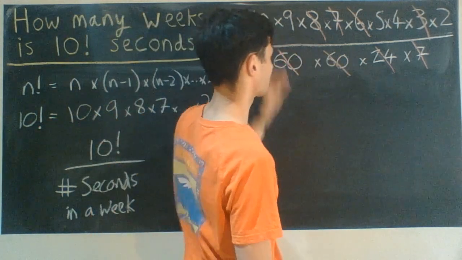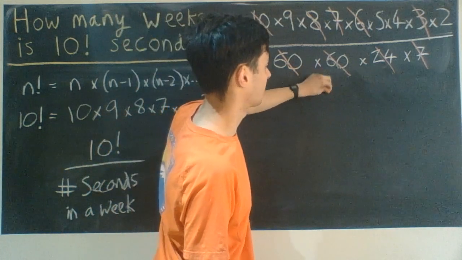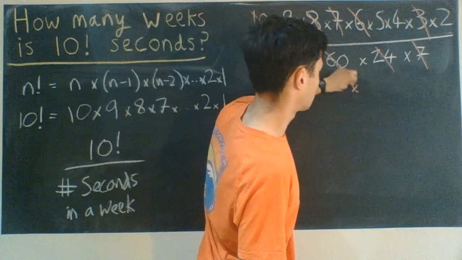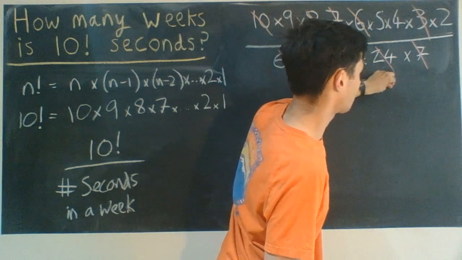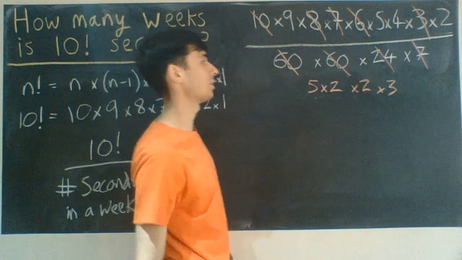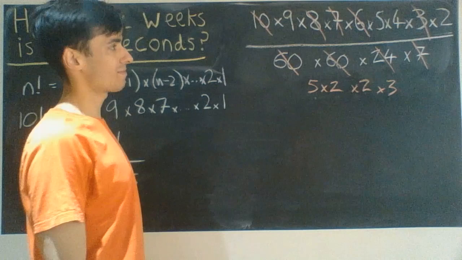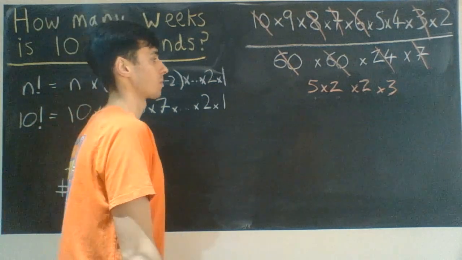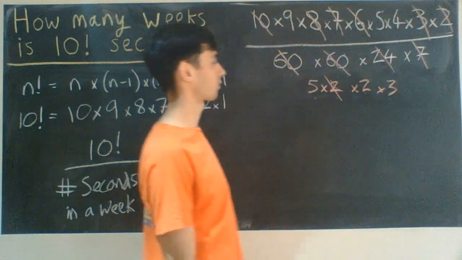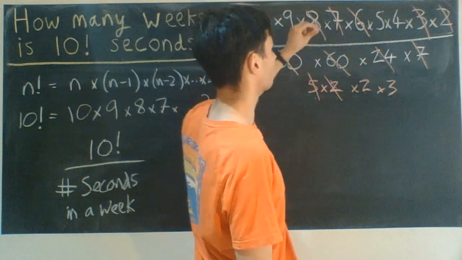So let's get rid of 60, and instead of 60, its prime factors would be 5 times 2 times 2 times 3, which would give us 60. What prime factors can we see that overlap with the top? Well, we've definitely got a 2 and a 2. They can go. We've also got a 5 and a 5 left on the top, so they can go.